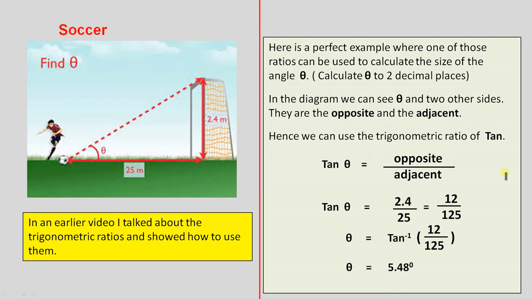Hence we can use the trigonometric ratio of tan. Tan theta equals opposite over adjacent. So tan theta is 2.4 over 25, which is 12 over 125 when we simplify that. So theta is the inverse tan of 12 over 125, and theta is 5.48 degrees to 2 decimal places.